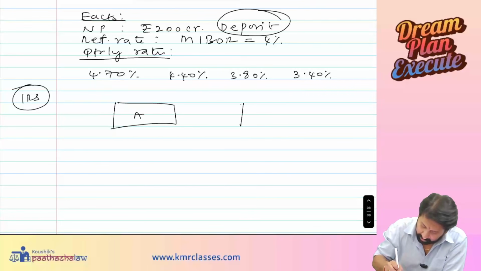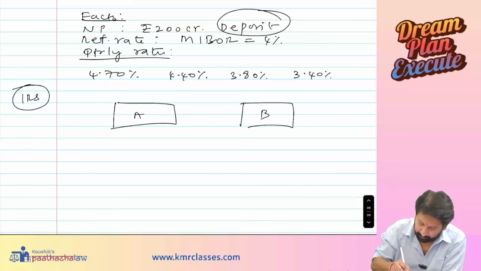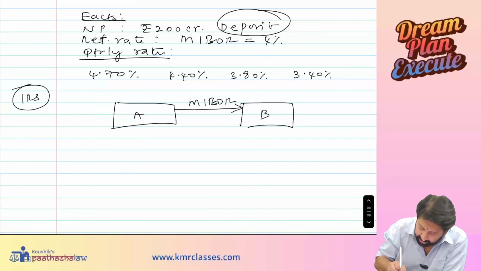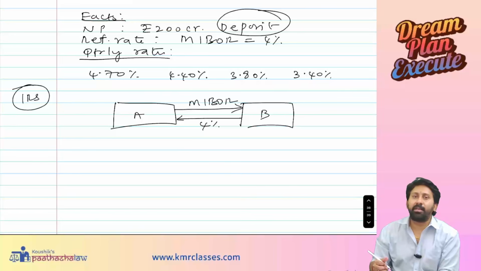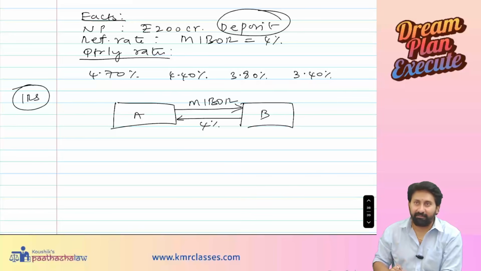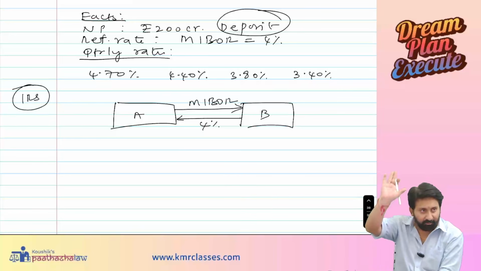Diagram A, B. I wanted to sell a floating rate MIBOR against a fixed rate of 4%. I'm depositing money and I'm having a fear whether I will get a proper rate or not, so I wanted to fix it at 4.